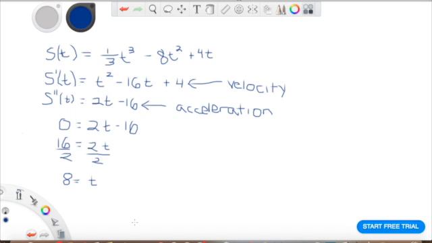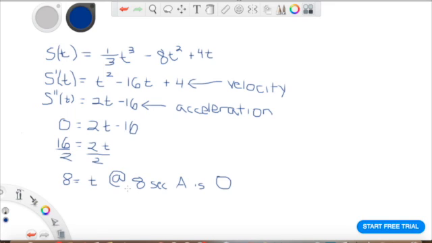Okay, so it asks, what is the velocity when acceleration is 0? So now we know that at 8 seconds, acceleration is 0.